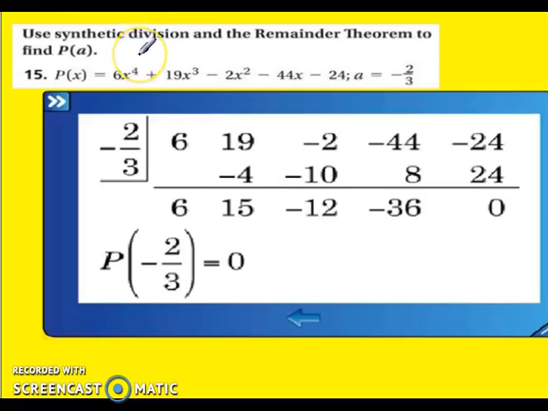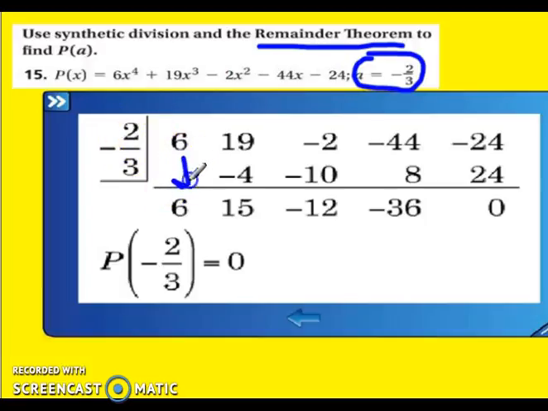In problem 15, we are going to use the remainder theorem. We're going to find P of A. A is negative 2/3. This is not a 0, this is a value in this polynomial. So I am going to plug in negative 2/3.